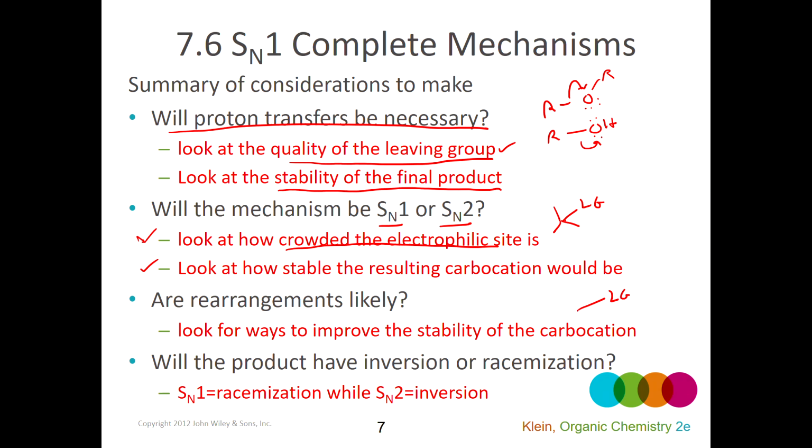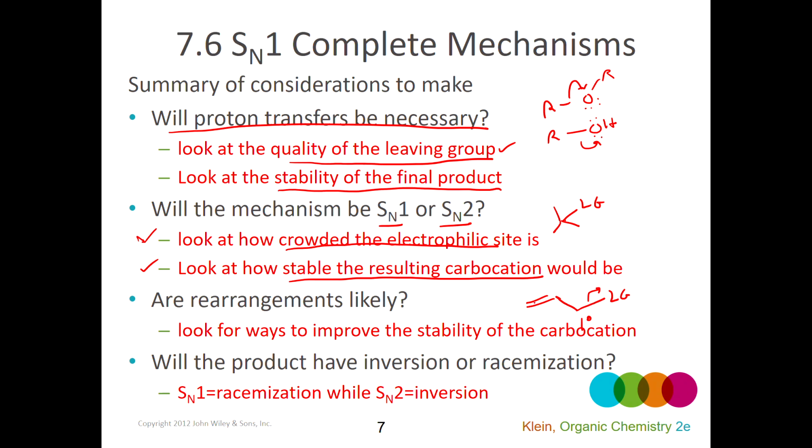If it's a primary carbon that the leaving group's attached to, but it's allylic, then it could do SN1, because if the leaving group leaves, a carbocation will be stabilized by resonance. So really it depends on the stability of the carbocation. So don't forget to look for resonance there. Don't just assume that just because it's primary, it'll never undergo SN1.